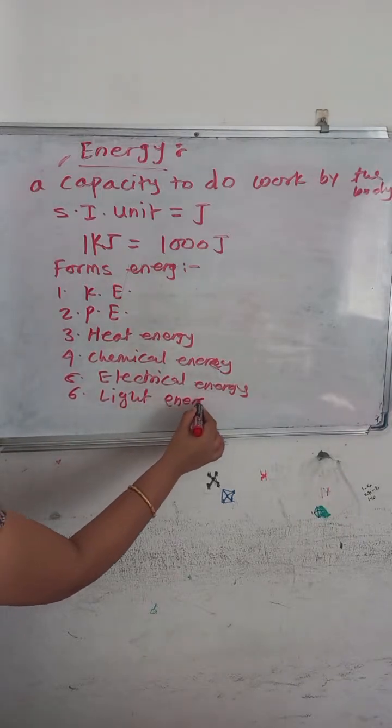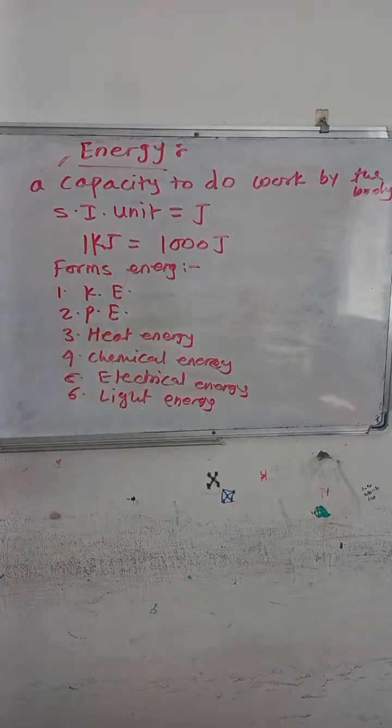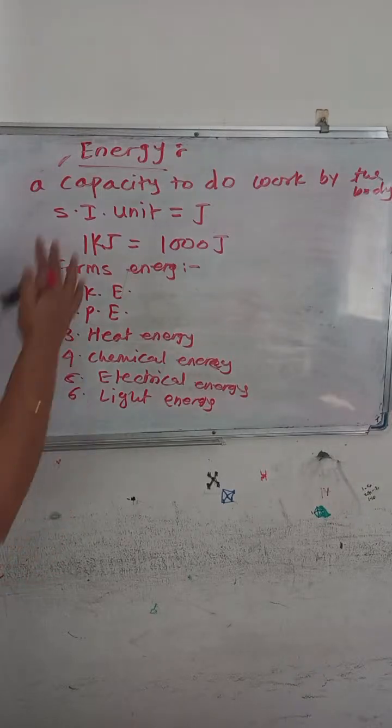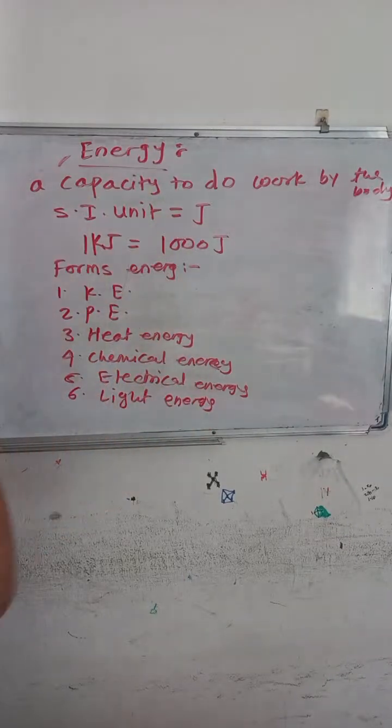These are the different forms of energies we have, and we are using different types of energies every day. Kinetic energy, potential energy, heat, chemical, electrical, light, solar energy, all of these we use day to day. But all the energies are measured in terms of joule.